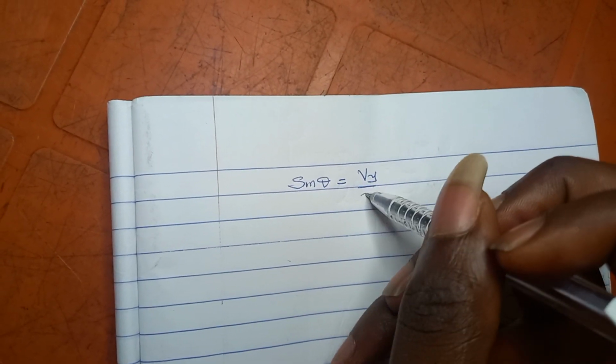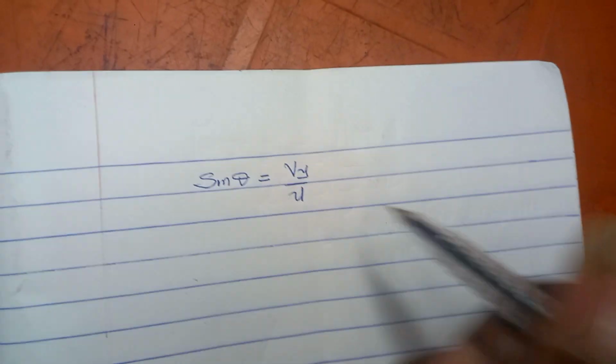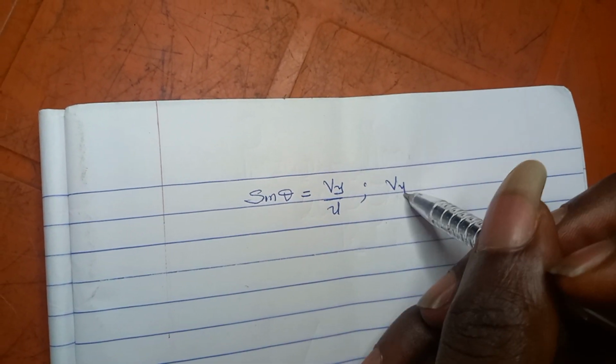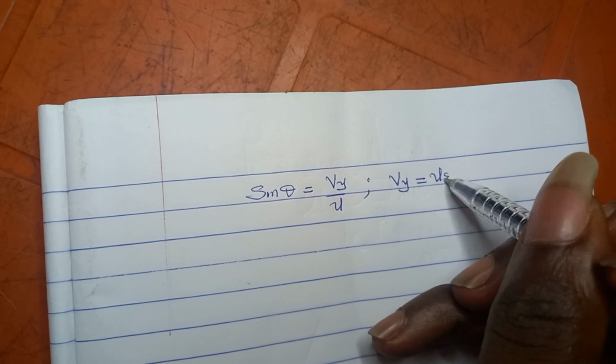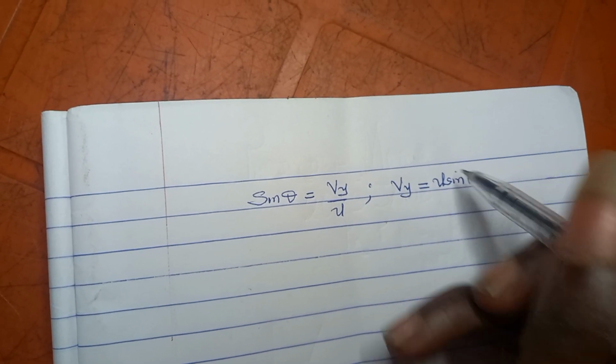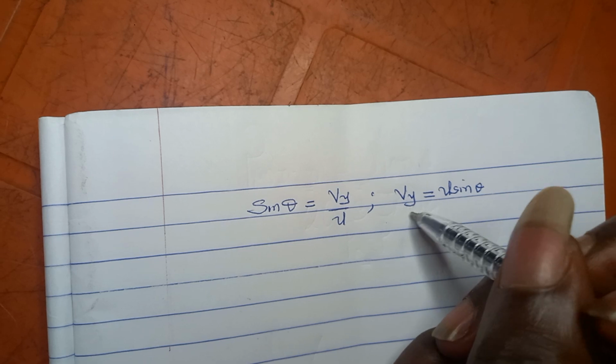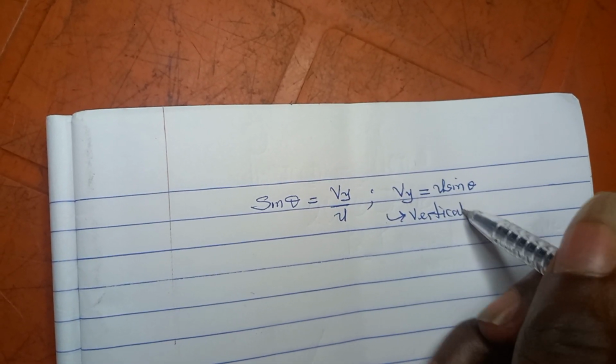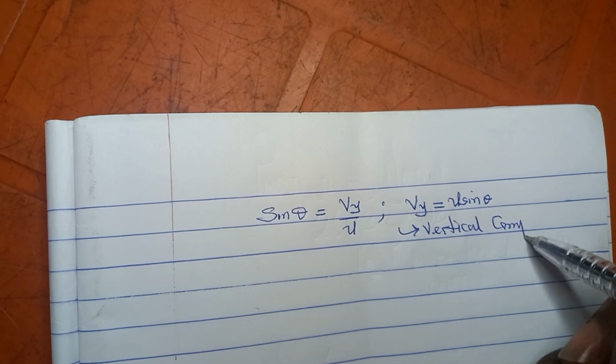That is, sin theta will give us Vy all over u. So if I cross multiply, I'm going to have Vy equals u sin theta. So here is the vertical component of the projectile.